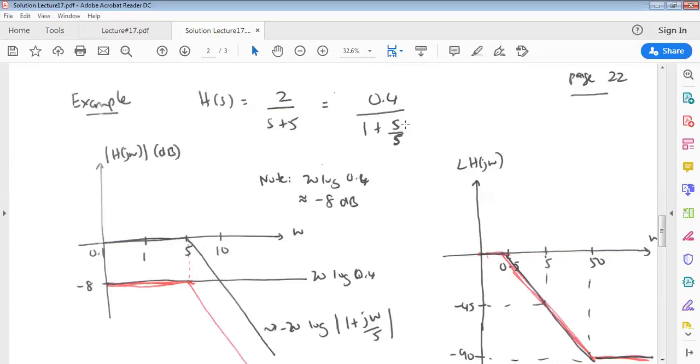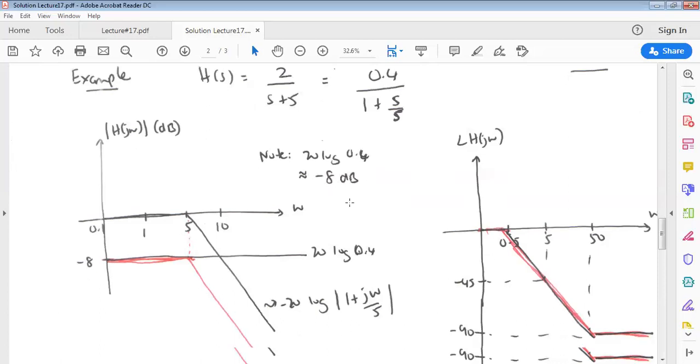We write this H(s) in terms of the dB scale. So 20 log 0.4 is equal to negative 8 dB, so we have a constant of negative 8 dB.